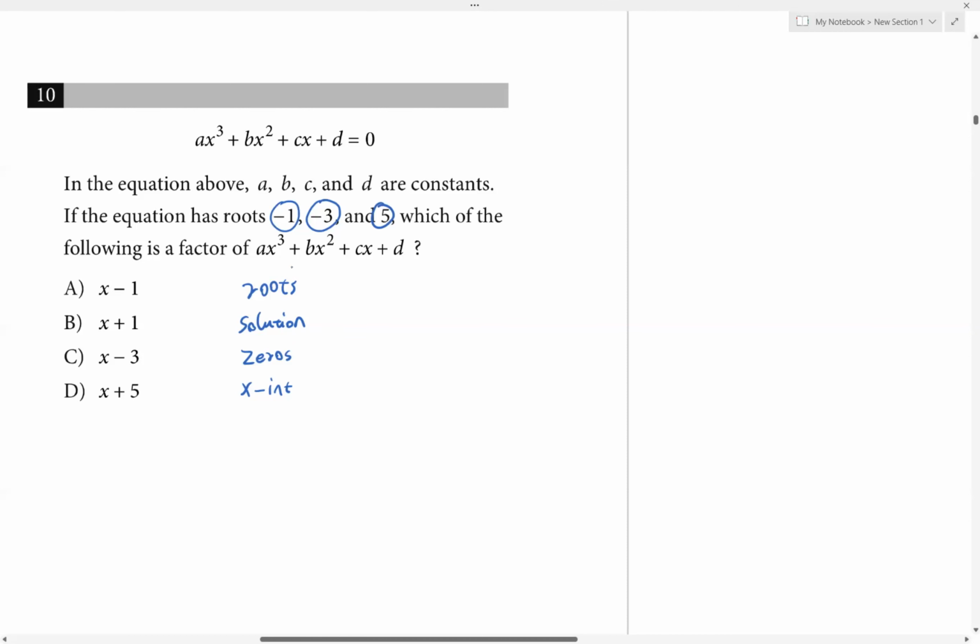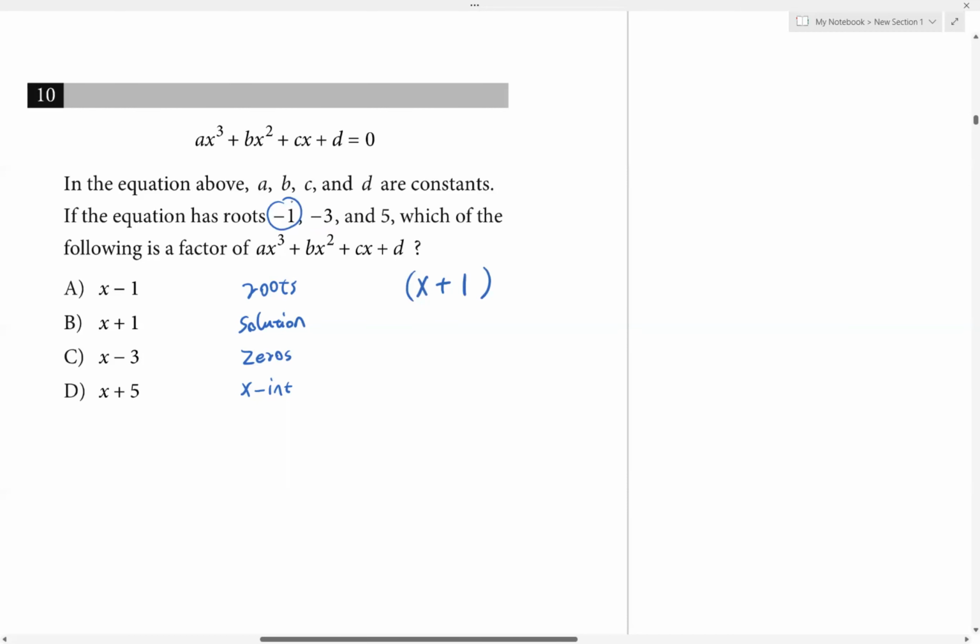Now the factor form is like the parentheses. If you factor a quadratic equation, you get parentheses. In the factor form, it will be the number but opposite in sign. So if you have -1 as a root, then as a factor, it will be x plus 1.